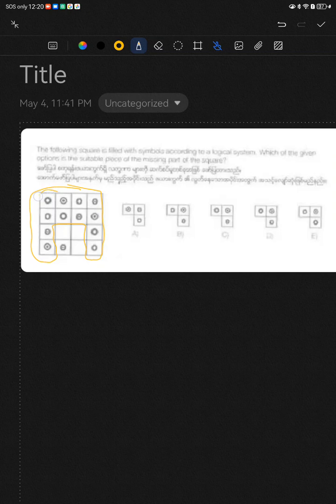You see the first two rows that are filled? What can you say about the symbols?